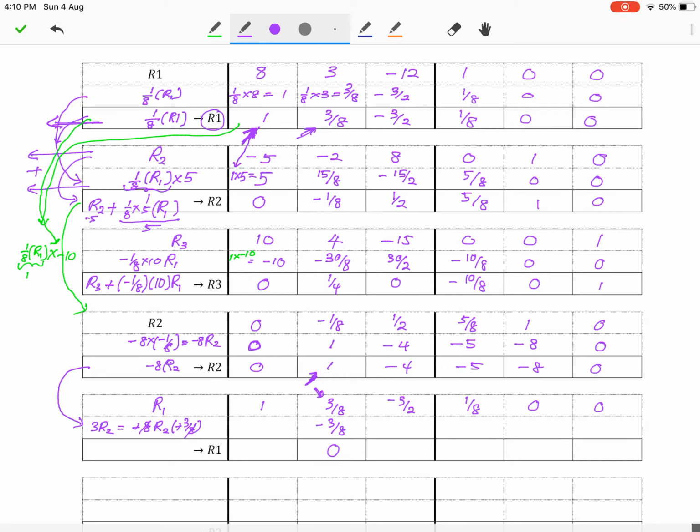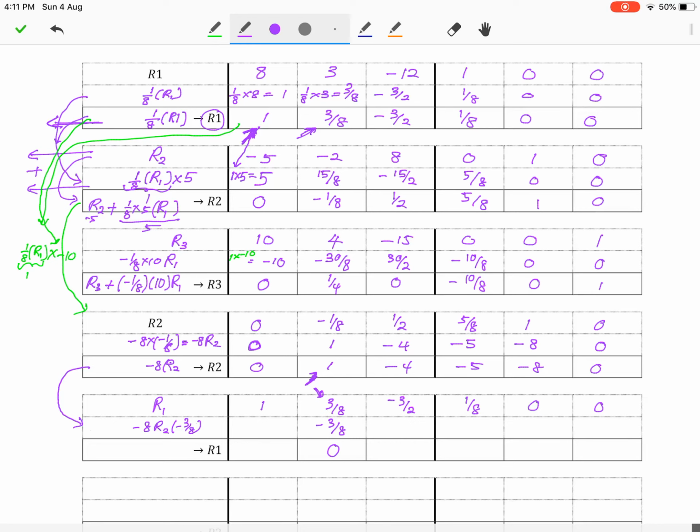Okay, let's not do that, because we might cause some confusion here, because it will change the original value. So let's stay as negative 8 R2 times negative 3 over 8.